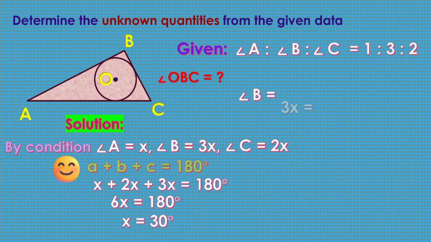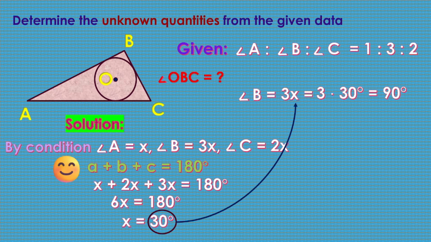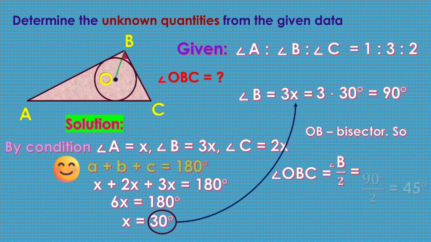Angle B is 3x, and I substitute the found value instead of x, and we get that angle B is equal to 90 degrees. OB is not a radius, but a bisector, so we have that angle OBC is equal to half of angle B. 90 divided by 2 is equal to 45 degrees. So the answer is 45 degrees.